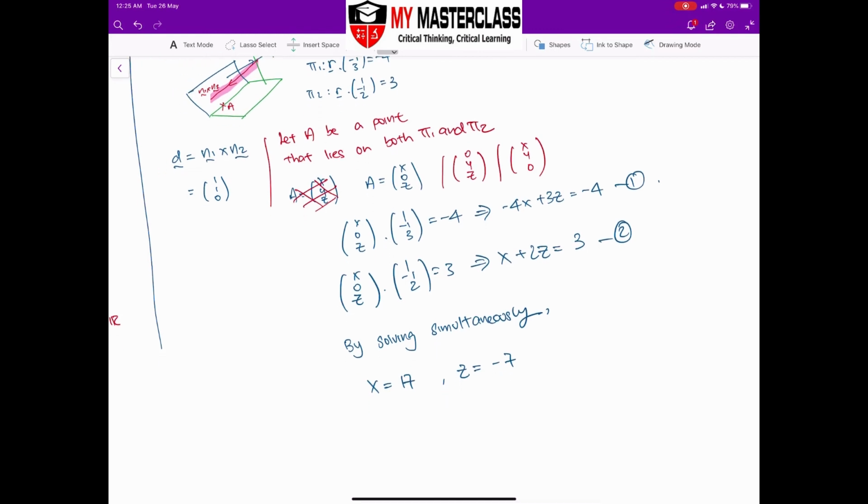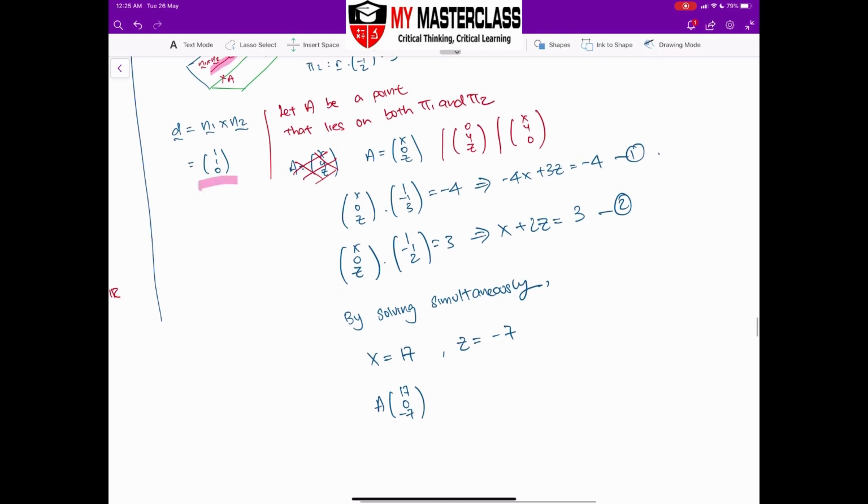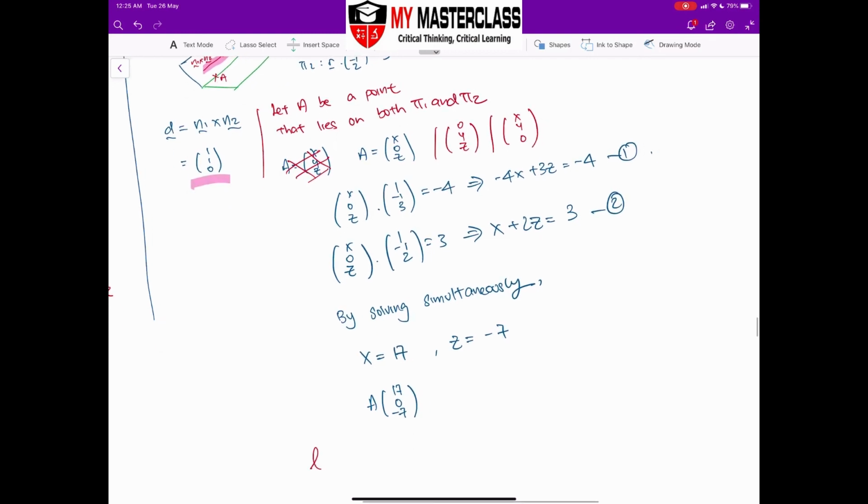Once I have the point, point A will then be equal to (17, 0, -7). I will have the direction as well, which I have found previously. My line of intersection immediately will be l: r equal to (17, 0, -7) plus lambda (1, 1, 0). Same thing, we have used lambda already, so let's not use lambda. Alpha (1, 1, 0).